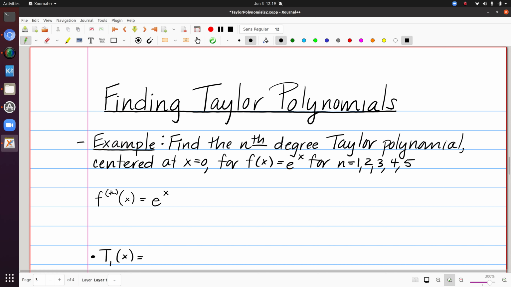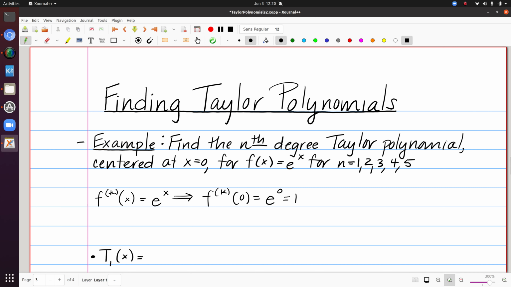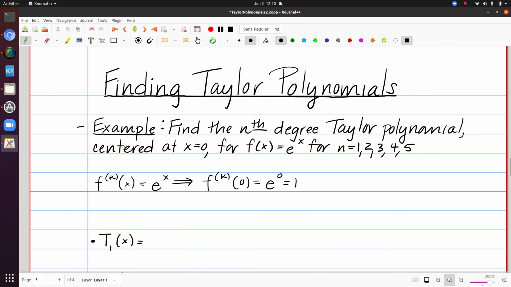It's equal to the original function e to the x. So that makes things a lot easier. And in particular, therefore, when I evaluate any of these derivatives at 0, I get e to the 0 or 1. So when I'm plugging this in to find my polynomials, I'm just going to remember that all derivatives evaluated at 0 here are 1.